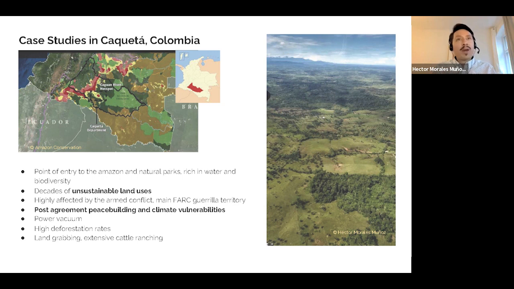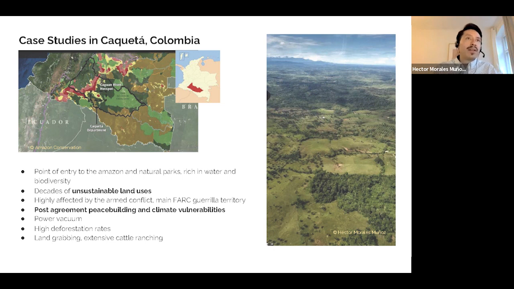However, not all the farmers that are located in this area have land tenure agreements. And after the peace agreement was signed with the FARC guerrilla and the state, there was a power vacuum, and the deforestation rates again increased.